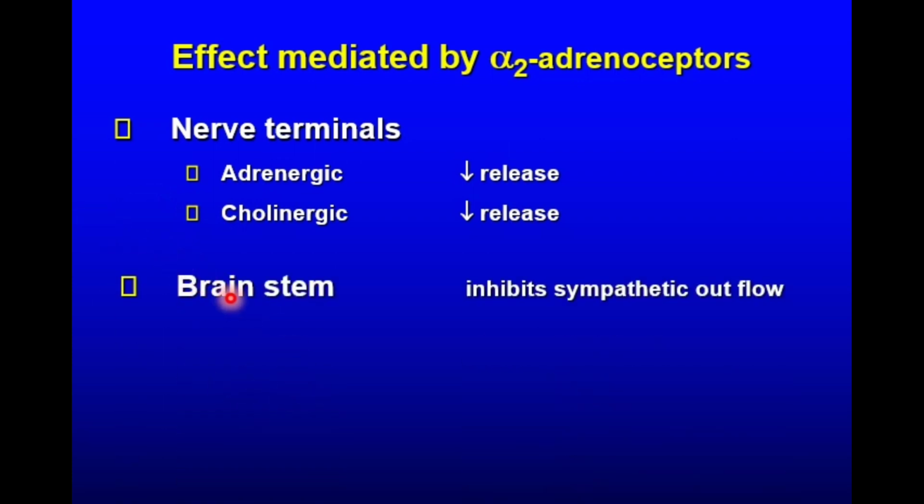The brainstem vasomotor center governs the tonic discharge of sympathetic neurons innervating blood vessels, and the resultant vascular muscle tone is one of the factors responsible for the maintenance of blood pressure. Alpha-2 adrenoceptor agonists will inhibit sympathetic outflow.